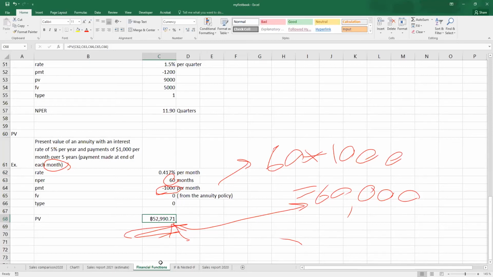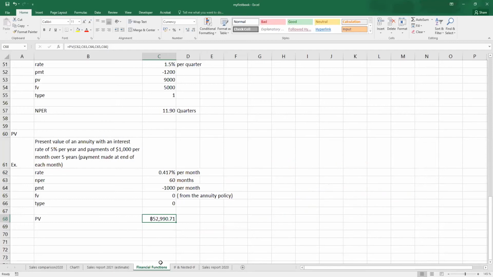So this is a special kind of insurance policy that I just want to show you. So this is present value, which uses all of the arguments as we learned before.